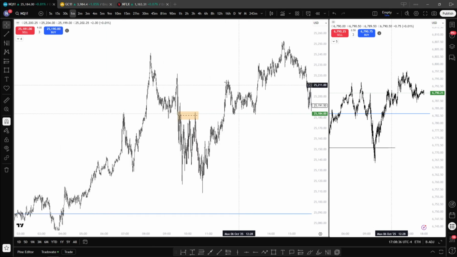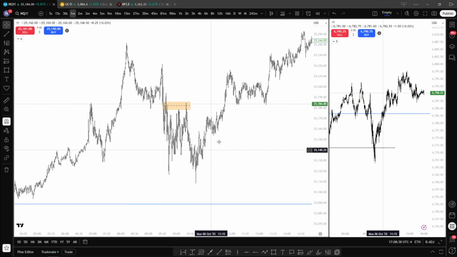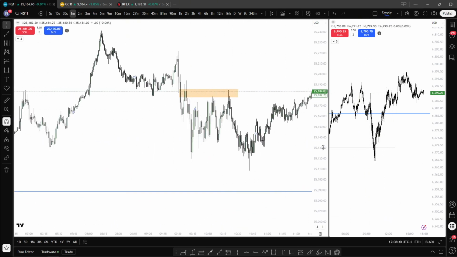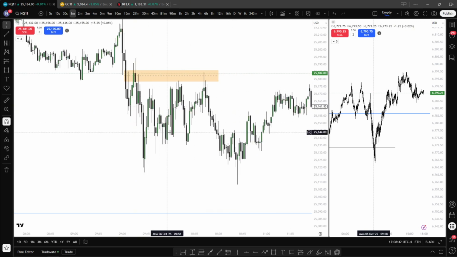So, when you saw our market structure shift happening, well, our first proper market structure shift actually occurred when we closed above these highs. Okay, so this is our first proper market structure shift. Oops, that was the first one.